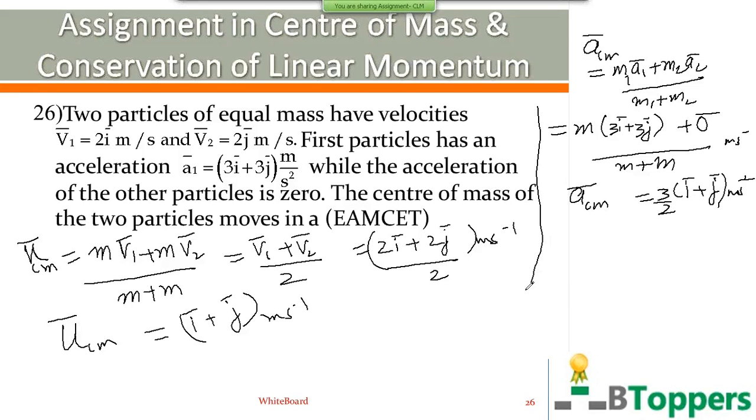You can observe that you have i bar plus j bar here also in both the equations. That means the direction of the acceleration of the center of mass is the same as the direction of the initial velocity of the center of mass.